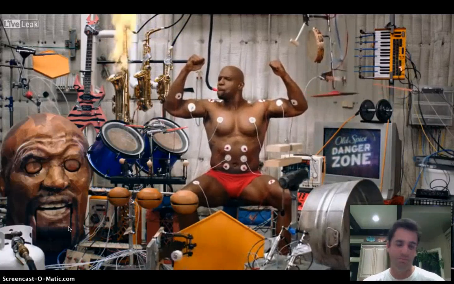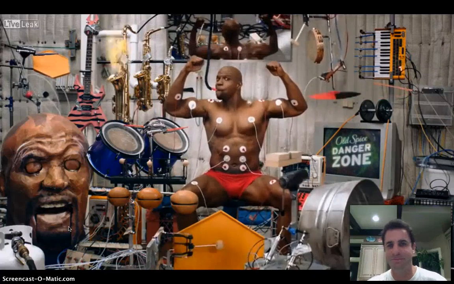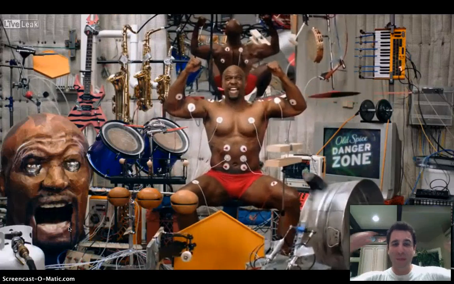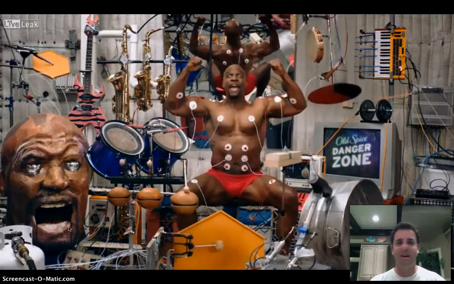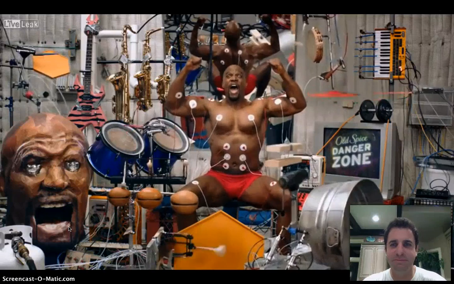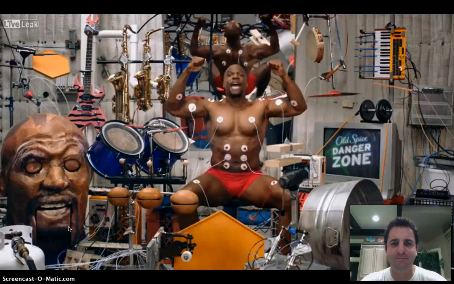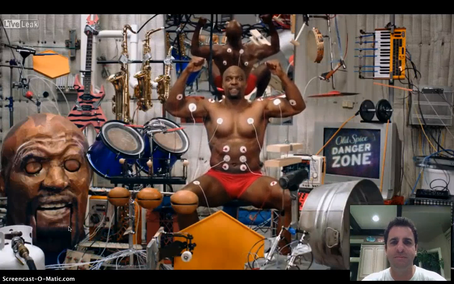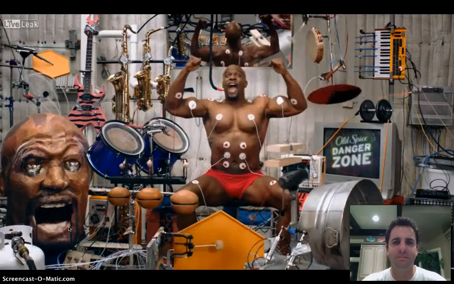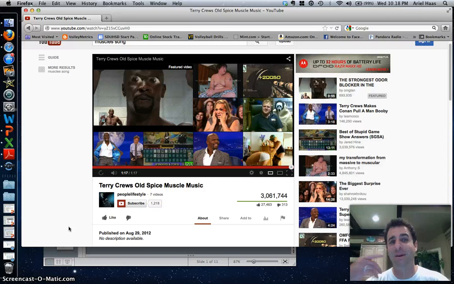Danger! Check out my back muscles right now. Look at that. Rocking it. That's the power of muscles, not music. That's the power of muscles.